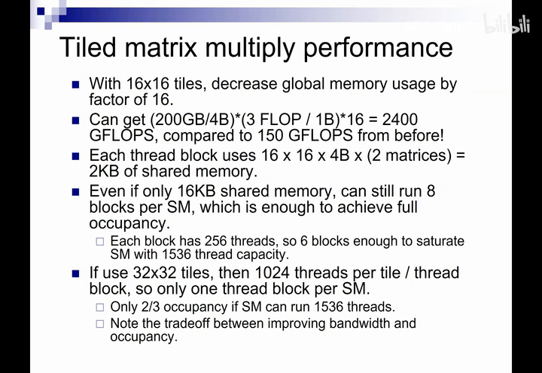And if you can only run 1,500 threads per SM, then you can't afford to run 2 blocks, so you can only run 1 block with 1,000 threads, so you only get 2/3 occupancy. So in this case, we see that you don't want to use a larger tile because you get lower occupancy. Using a 16 by 16 tile is already enough to saturate your performance, so there's no need to go to larger tiles.